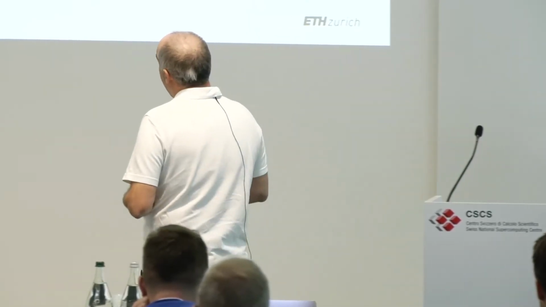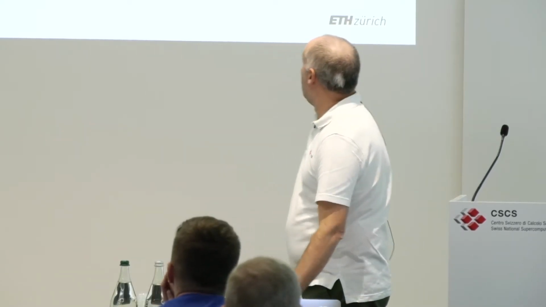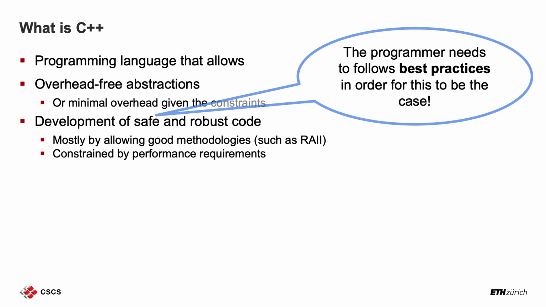For instance, you can remove the problem of memory leaks and having resources that stay there and you don't know about. So in order to develop safe and robust code, you need to act on it. You need to do something on it.